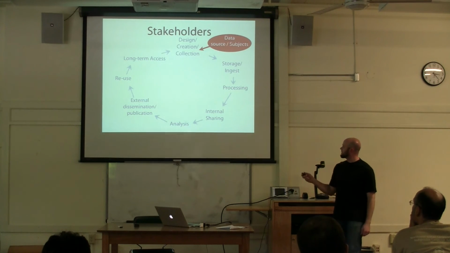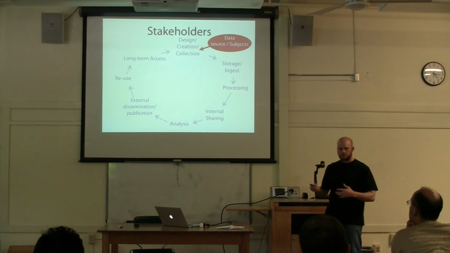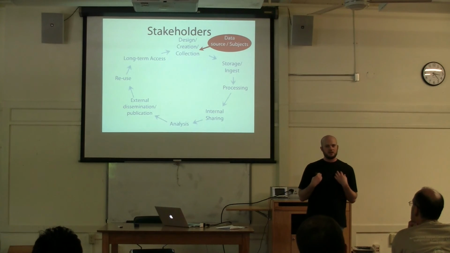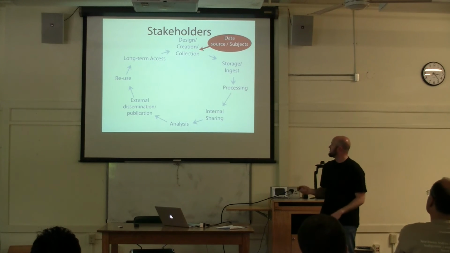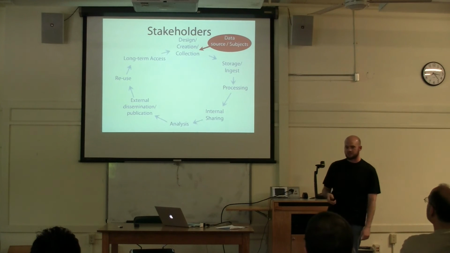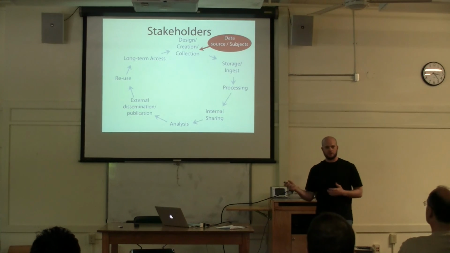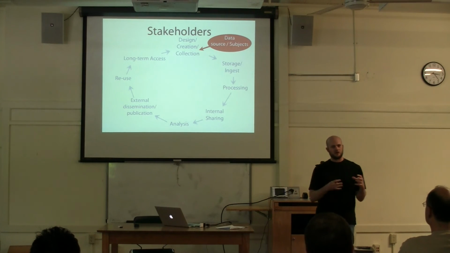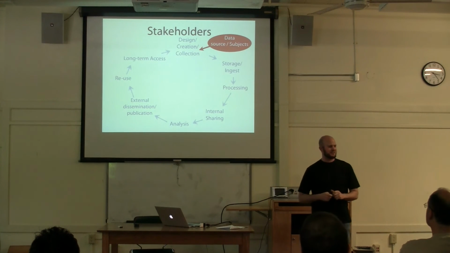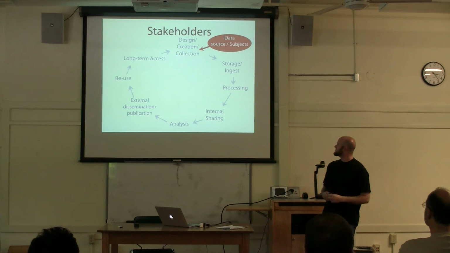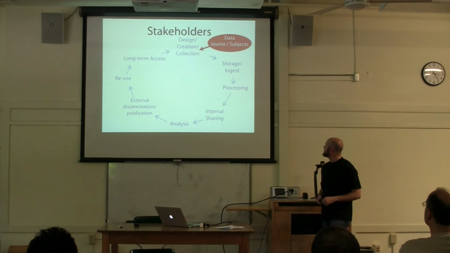So to talk about stakeholders, right? We're not the only ones. We may be the ones that create this data, but we're not the only ones that actually use it. We have the subjects that we have to consider when we're talking about where the archive fits in this whole ecology of things, right? So they have interests in our data.